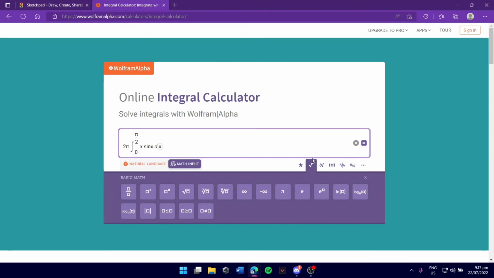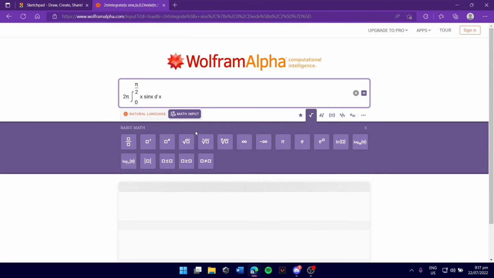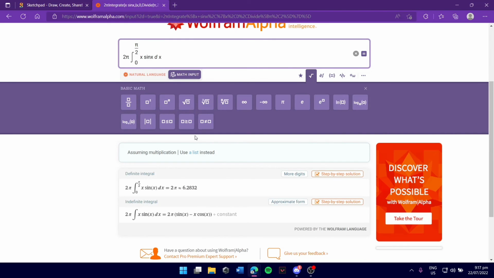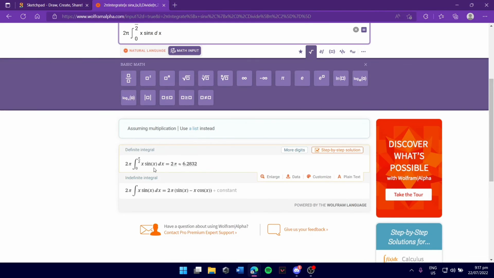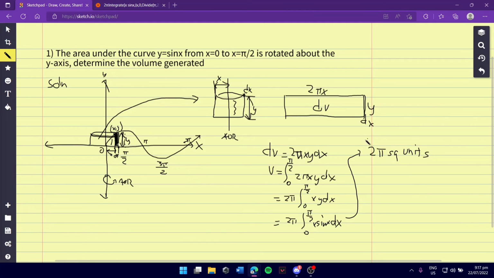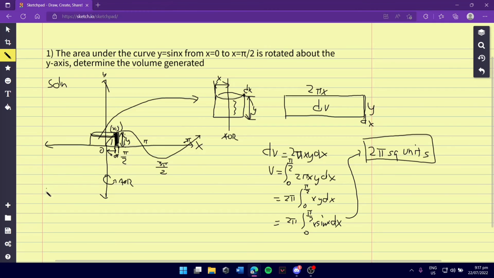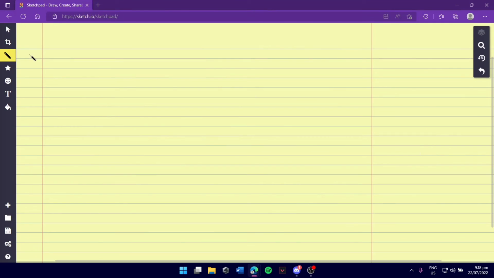So calculate the final answer. Right, you have your 2 pi. Yes, correct. You have your 2 pi as your final answer, and label it as square units. So this is now your final answer.